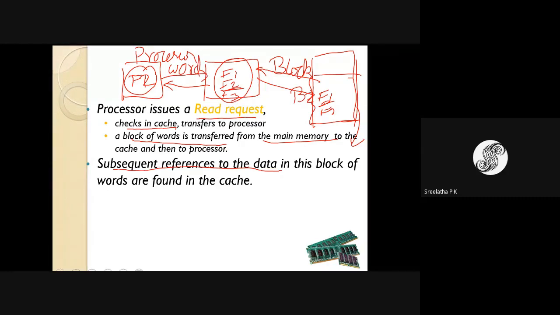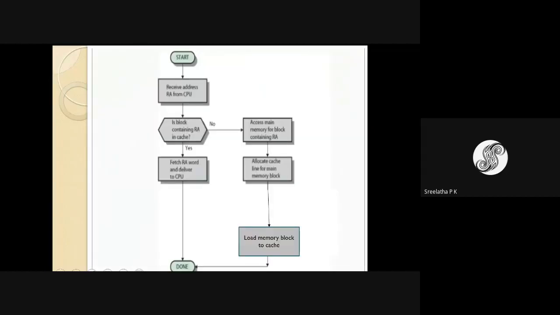So that is a read process, a flowchart which represents the content whatever I had told. This is just for your understanding. I put this flowchart; it is not there in the textbook. So the processor wants to receive the instruction which is present in the address array.